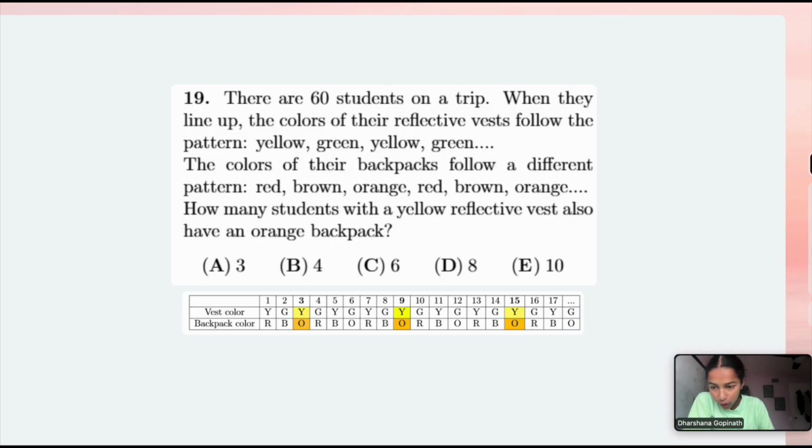So, knowing that, since there's 60 students in total, and the yellow-orange combination comes every 6 students, if you divide 60 by 6, you get 10. So 10 students will have a yellow vest and an orange backpack. So the answer is option E, 10.